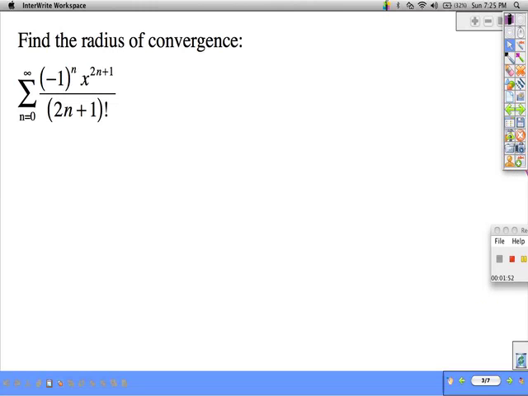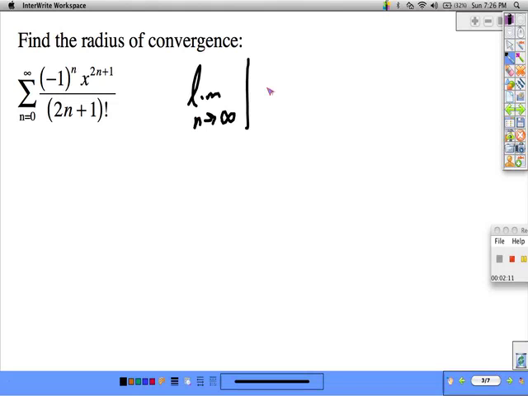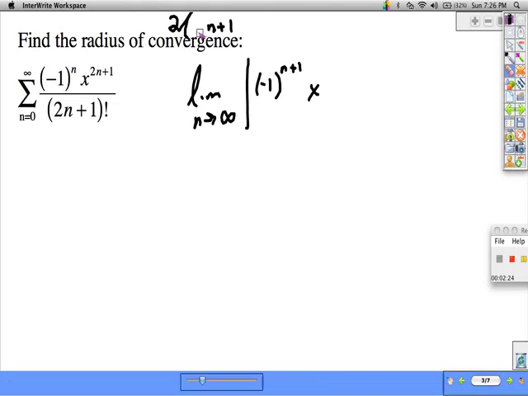So here is our first example. We want to find the radius of convergence. To do this, we're going to do the ratio test. Remember, that's taking the n plus 1 term, and if I plug in n plus 1 to the exponent, I end up with 2n plus 3.